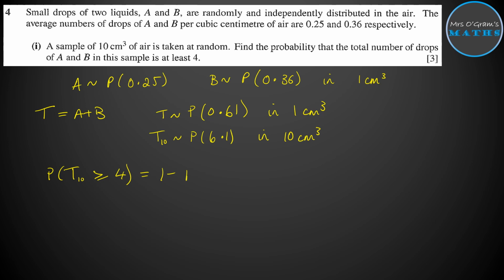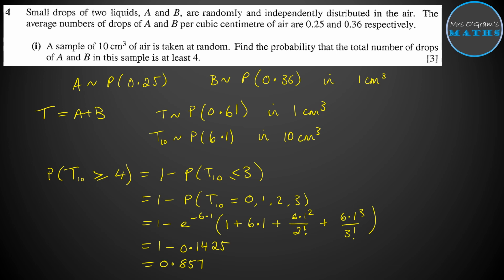That'll be 1 minus the probability that it is less than or equal to 3. So that's 1 minus the probability that t equals 0, 1, 2, or 3, which works through to 0.857 to 3 significant figures.